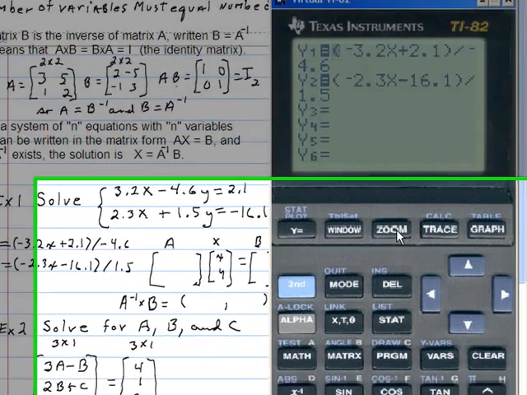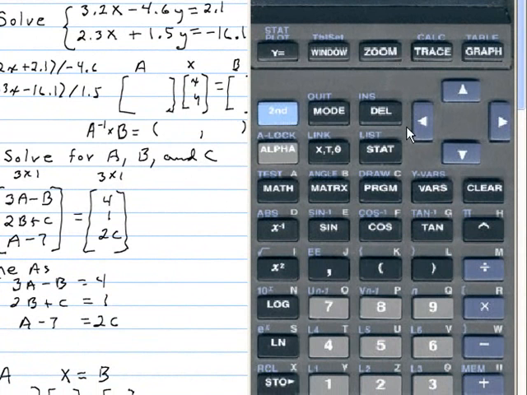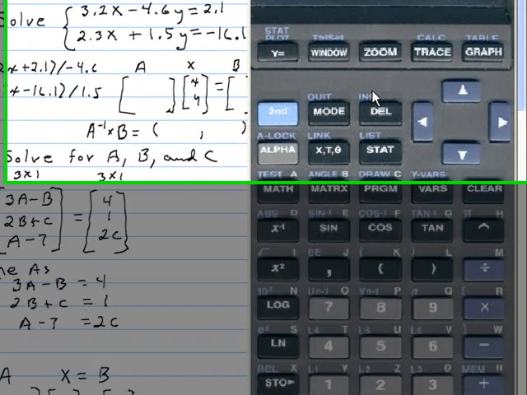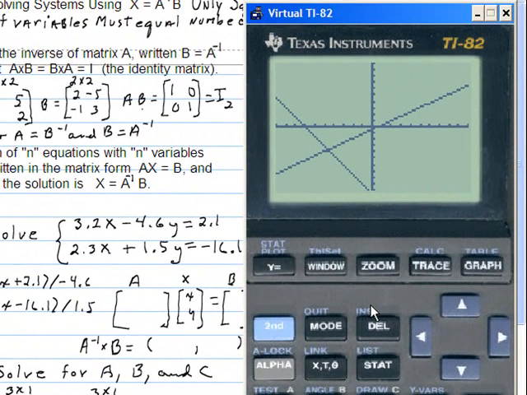Let's do a quick zoom 6 for a graph. And there's the first line graphing, and there's the second line graphing. Now if we want to solve this system, we can trace over to where they cross.